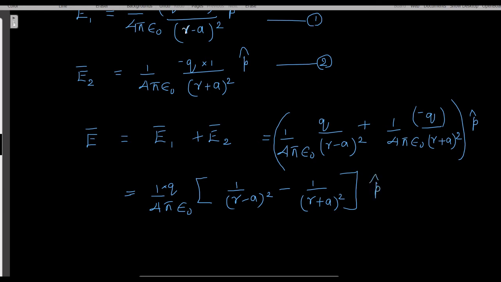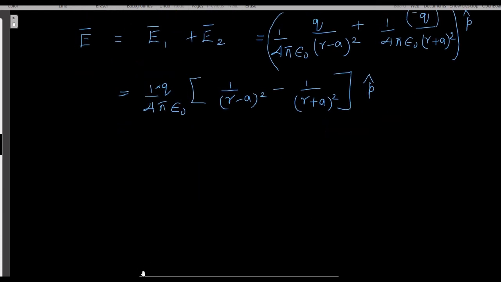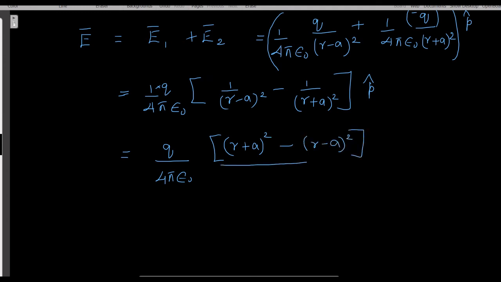Direction also we can put, which is equal to Q by 4 pi epsilon naught into (R plus a) whole square minus (R minus a) whole square, whole divided by (R plus a) whole square into (R minus a) whole square, which is (R square minus a square) whole square, that into unit vector P.